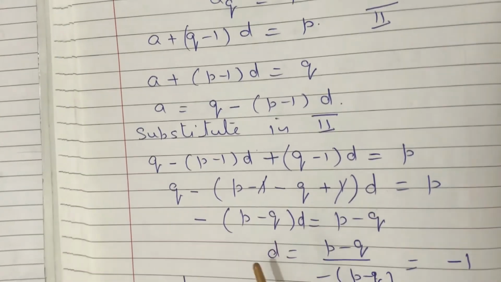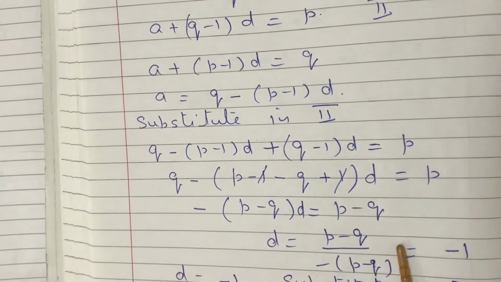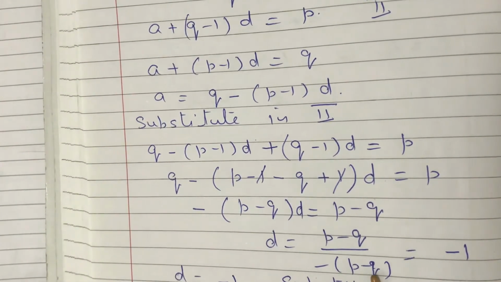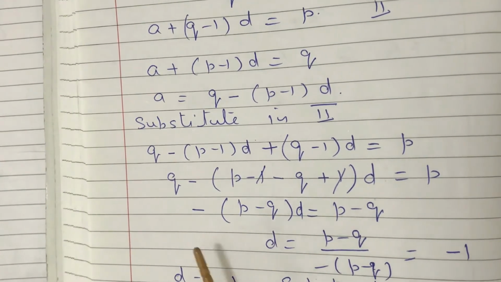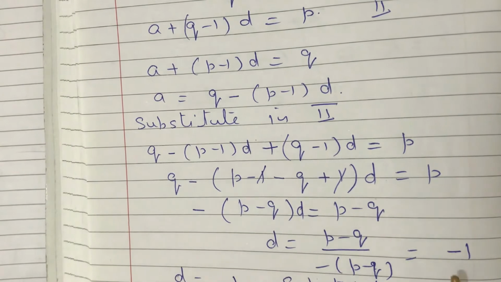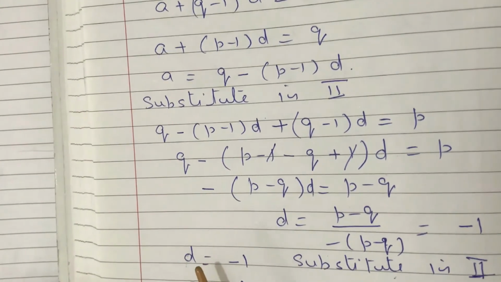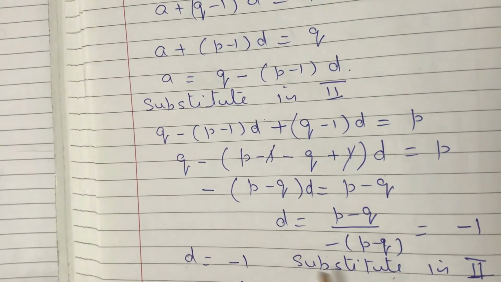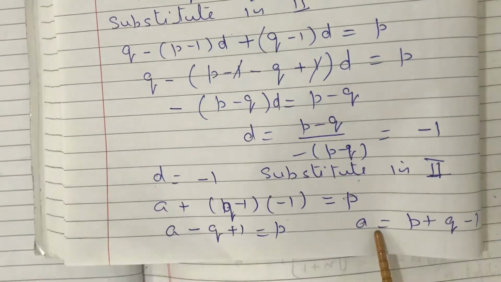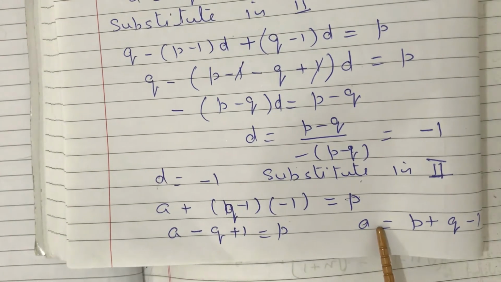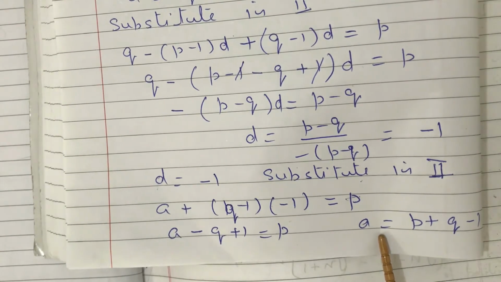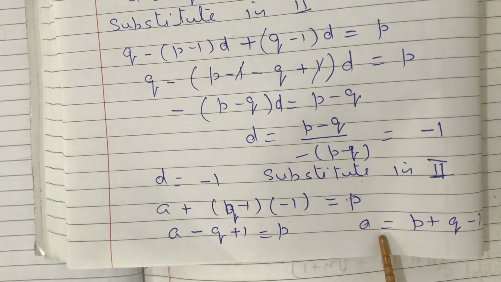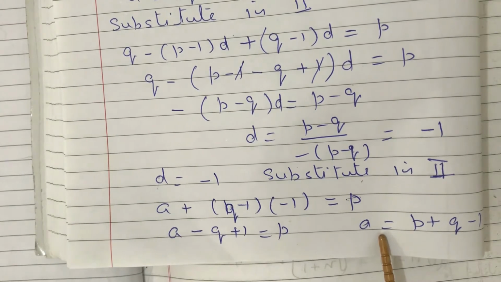So I'll get d is equal to (p minus q) upon (minus p minus q) after cancelling, I'll get minus 1. So the value of d is equal to minus 1. Now substitute d is equal to minus 1 in equation 2. After substituting, I'll get a is equal to p plus q minus 1. On the next page, I'll find the nth term.